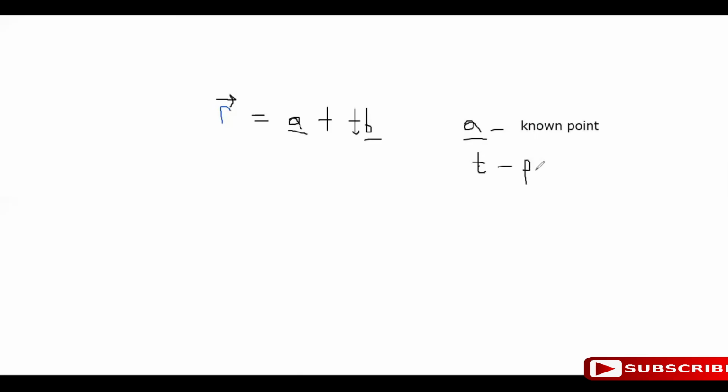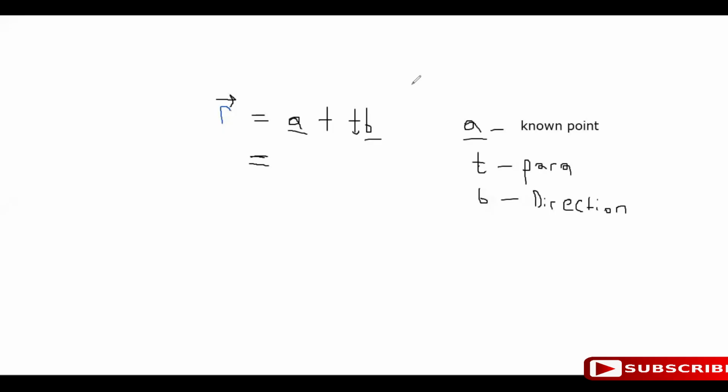So T is the parameter, para stands for parameter. And B is a known direction. All right, so now we can find the vector equation of the line, A plus T times B.